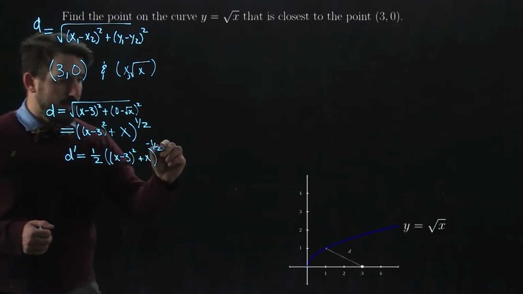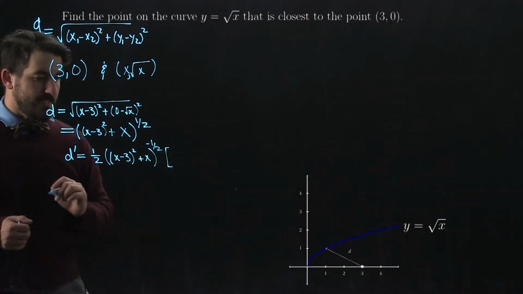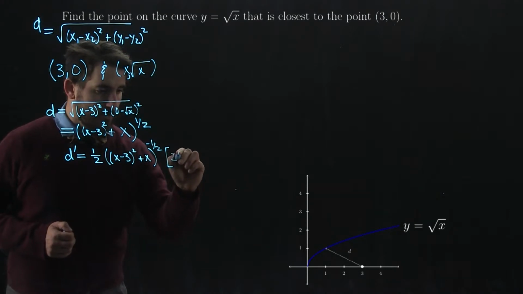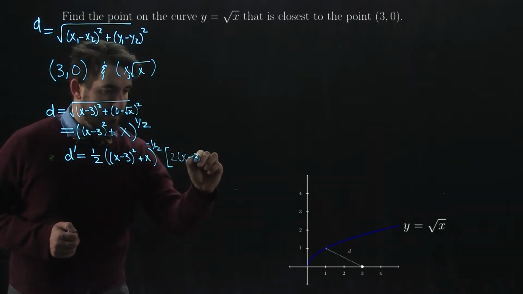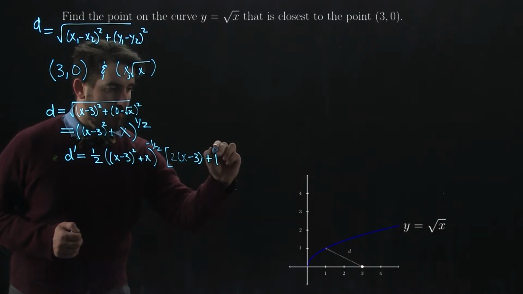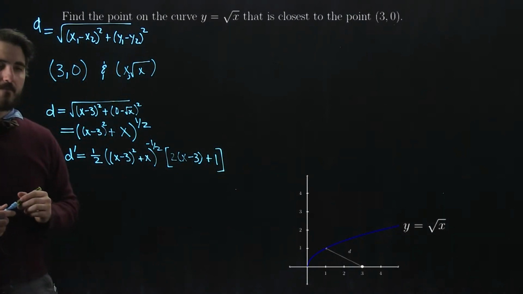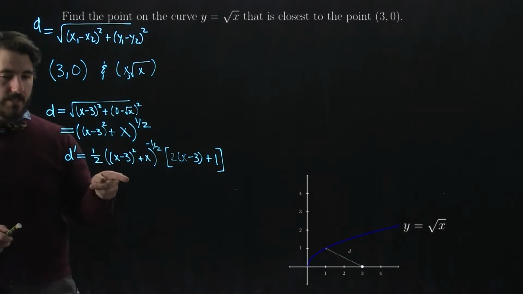Then the derivative of the inside is going to be 2 times (x minus 3) plus 1, because we're doing the derivative. And so this is my derivative.